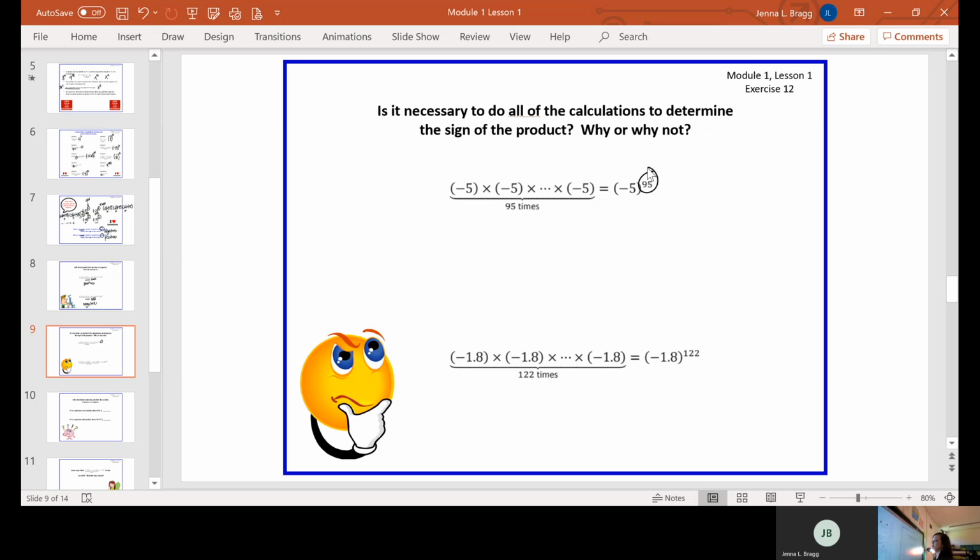So 95 is my exponent. That means that my result will be negative, because 95 is an odd number. 122 is an even number, so our result will be positive.